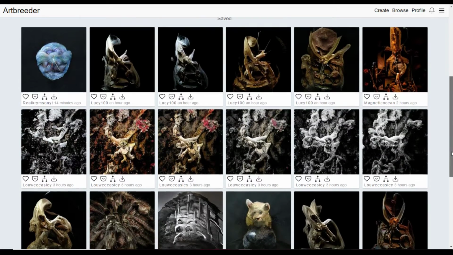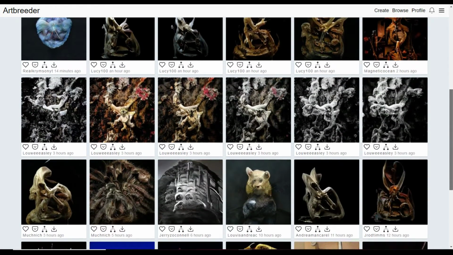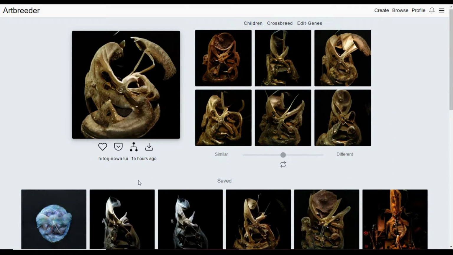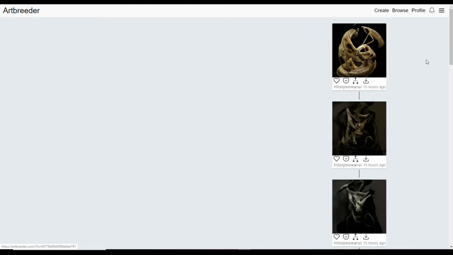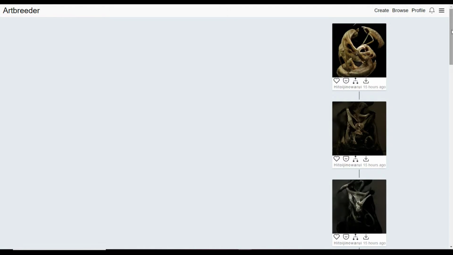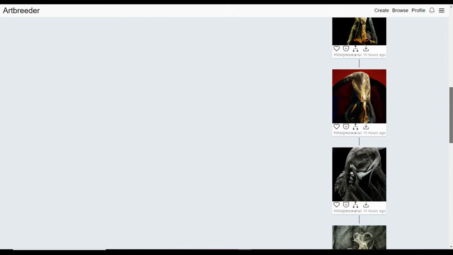Again, at the bottom here, these are images that users have generated from this one. There's also, you can see sort of the family tree of this image. So this is the most recent one, but it derived from these others.